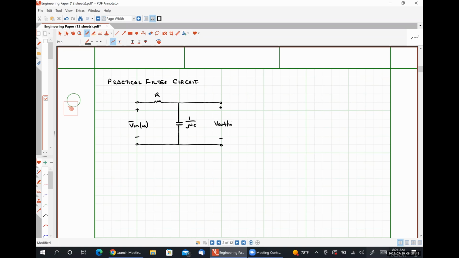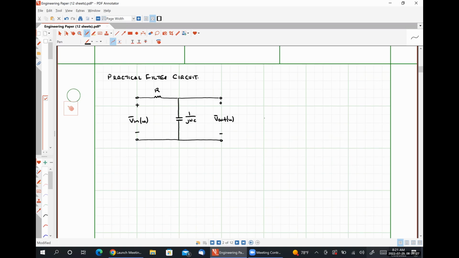V out of omega. The response of a filter circuit is H of omega, which is what's called the transfer function of the filter circuit.